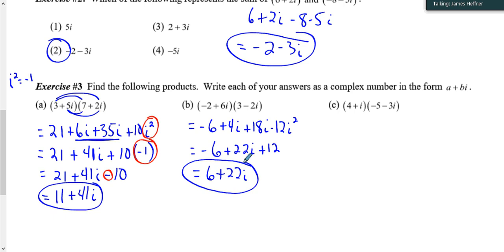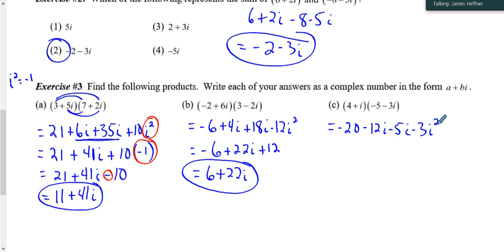Okay? Give you another shot there. Take a moment and do part C. Let's make sure we can do these. Make sure we're not making any arithmetic mistakes. So we end up with, let's see, this equals -20, right? Minus 12i minus 5i, and that would be minus 3i squared, right?